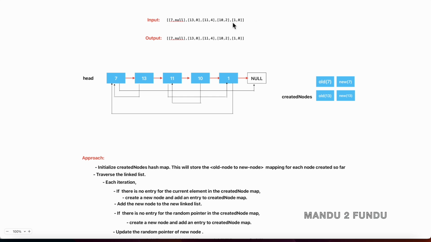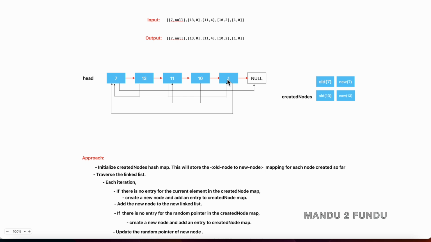So basically we have to create a deep copy of this list. If you look at this linked list, the random pointer may point to a node which is before the current node or after the current node. For this node, the random pointer points to null, and for this node, the random pointer points to the node before it, and for this node, the random pointer points to a node which comes after it in the linked list.